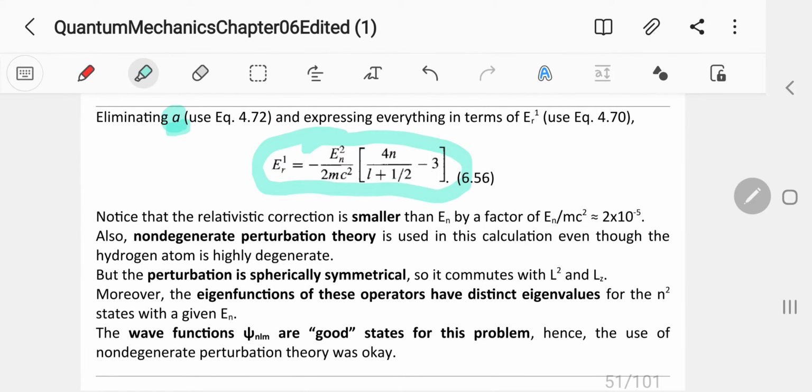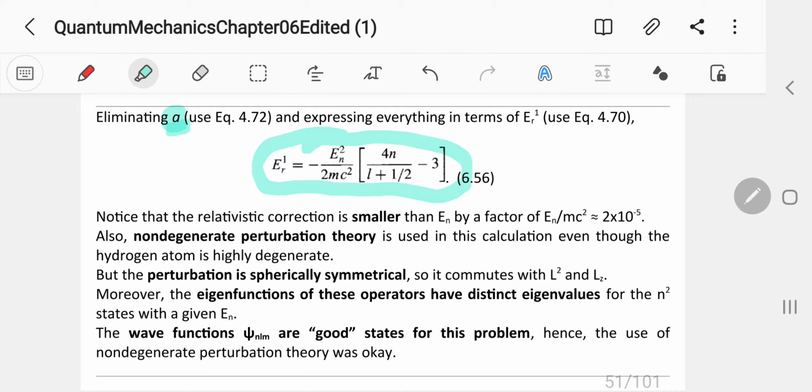So there are some notes here. Notice that the relativistic correction is smaller than En by a factor of En over mc squared, which is approximately equal to 2 times 10 to the -5. Also, non-degenerate perturbation theory is used in this calculation, even though the hydrogen atom is highly degenerate.